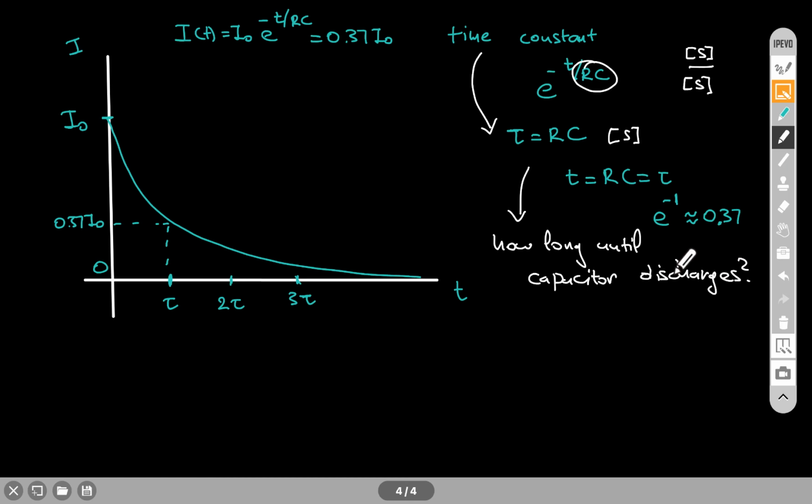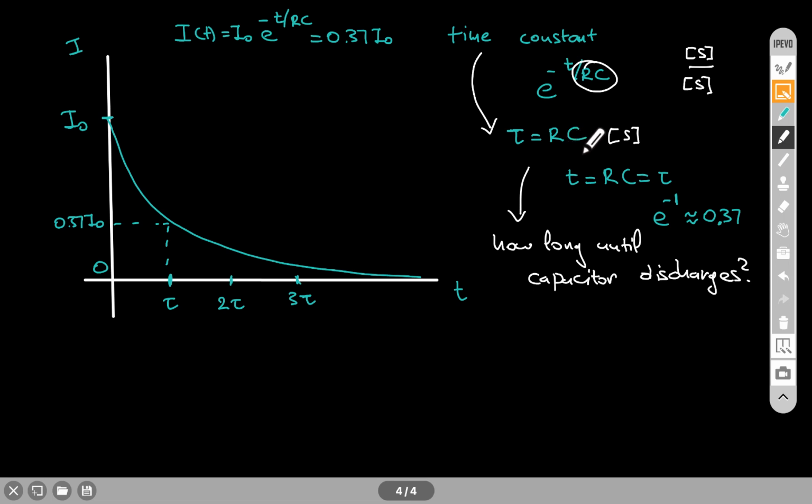So if you give me a circuit with a resistance of 1 ohm and a capacitance of 1 farad, then the product would be 1 times 1, so my time constant would be 1 second. Then I can tell you, without doing any other calculation, that if you wait for 5 seconds, you're going to see very, very little current, if any, flowing in your circuit.